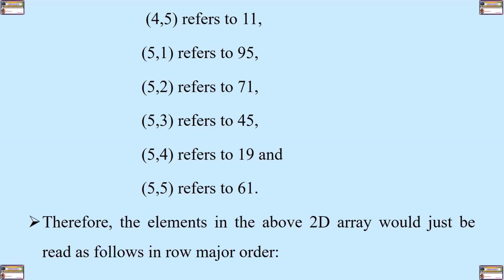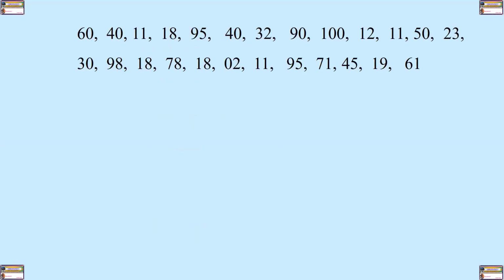Therefore, the elements in a two-dimensional array are read in row major order. We read all of them continuously, one after the next. What informs you that we have changed the row is the number of elements, the order. If you know that the order is 5 by 5, when you complete reading the first 5 elements, you know the row has changed.